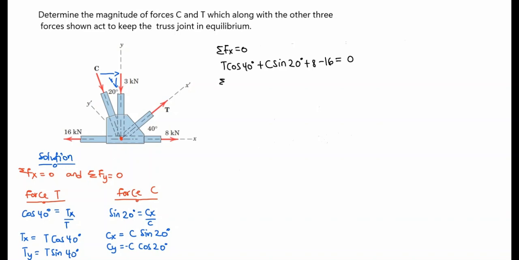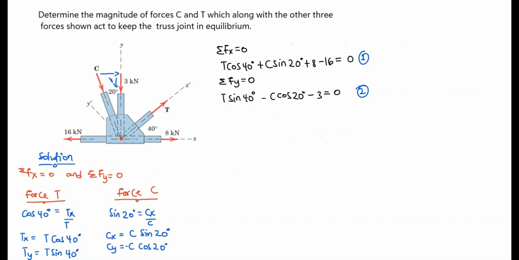For the sum of the forces in the y-axis direction, we have T sine of 40 degrees minus C cosine of 20 degrees minus 3 kilonewton equals 0. This is the first equation, and this is the second equation.